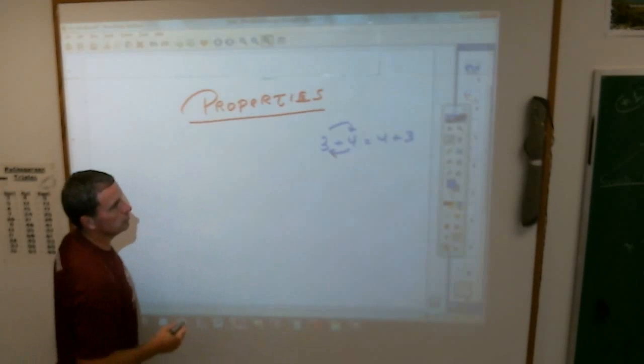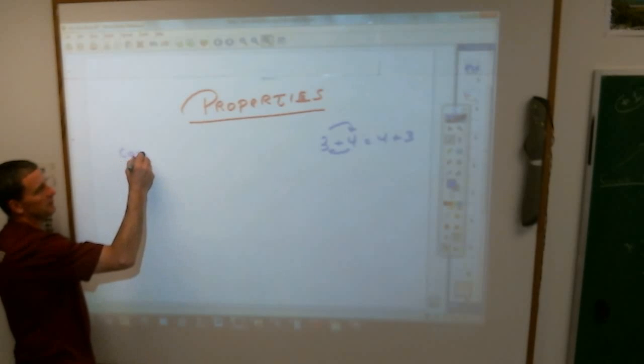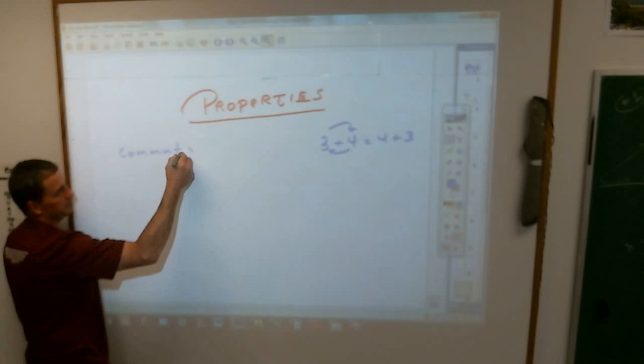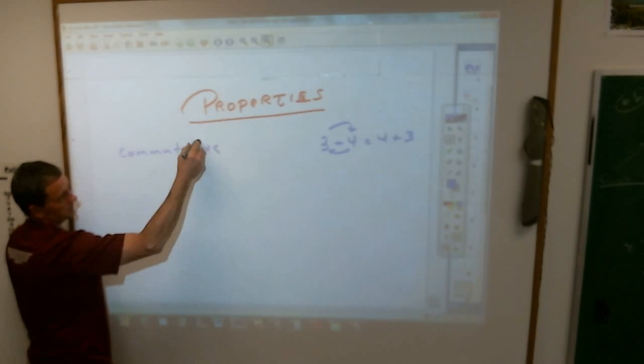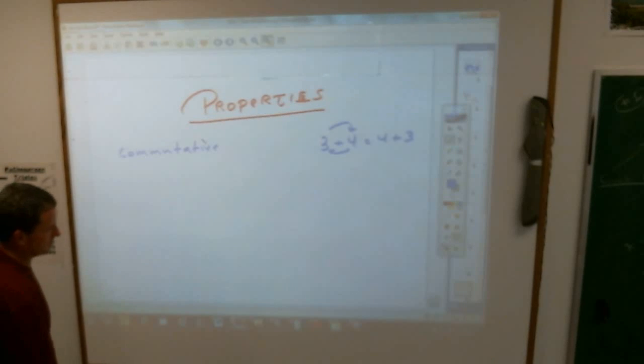Okay? When you move numbers like that, that's called the commutative property. Commutative. The word commute, if you've ever used it in a sentence, your parents might commute to work. That means they drive, they move, they go from here to there, they switch places.